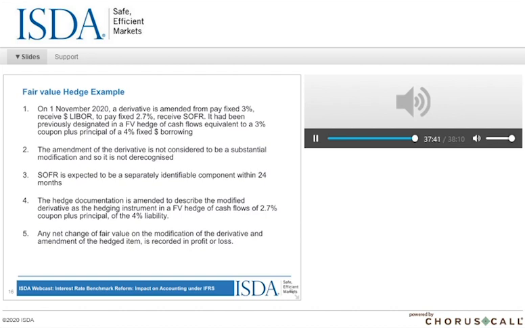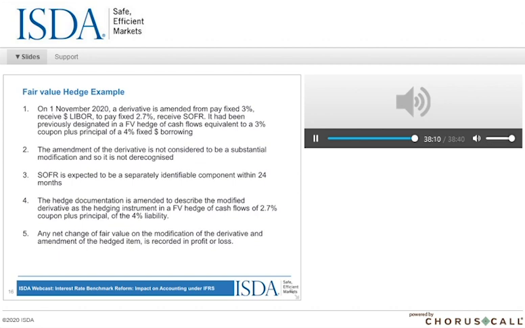Okay, well, first of all, just changing the terms of the swap from LIBOR to SOFR related is unlikely to be considered a substantial modification, and therefore the swap will not be derecognized. Secondly, let's assume that SOFR is expected by the entity to be a separately identifiable component within 24 months, and therefore it's possible to designate SOFR as the hedge risk.